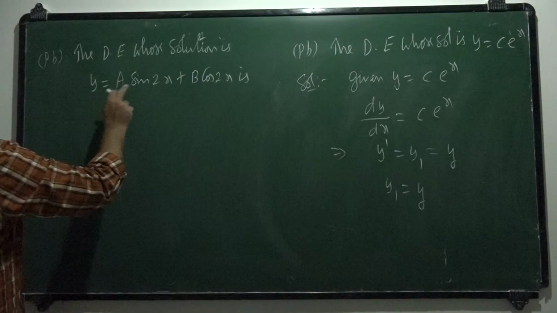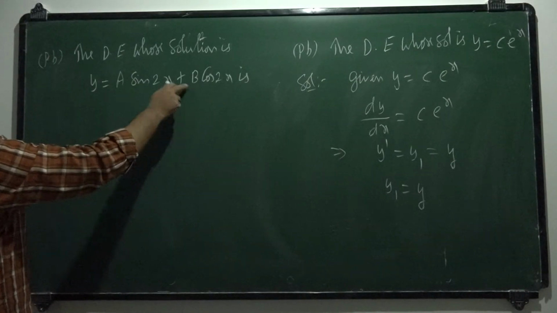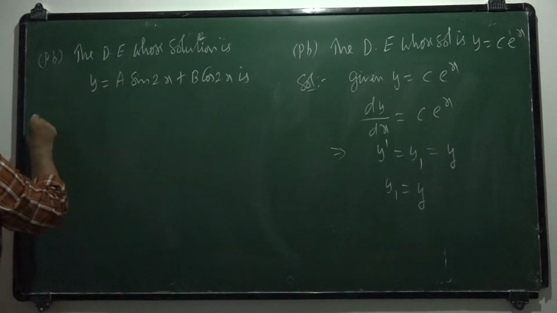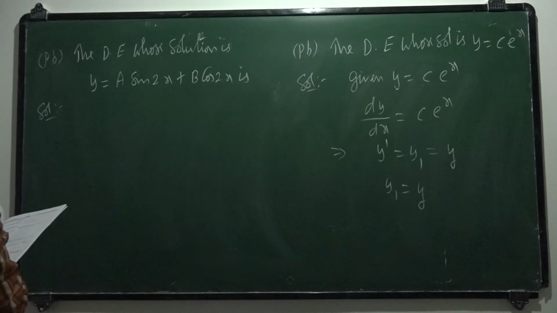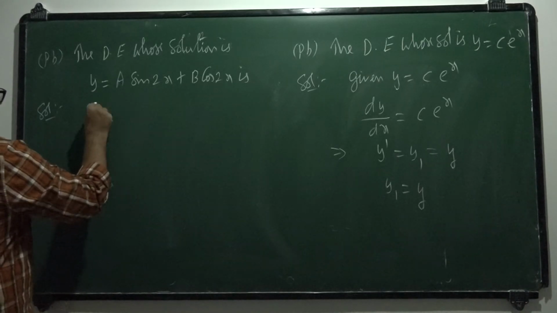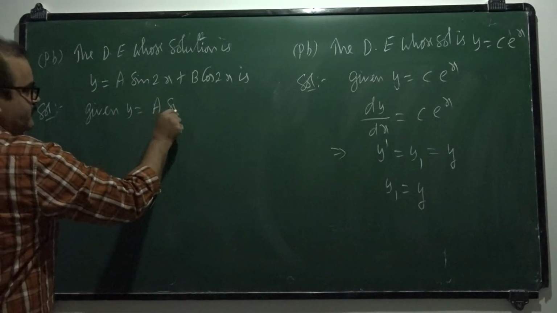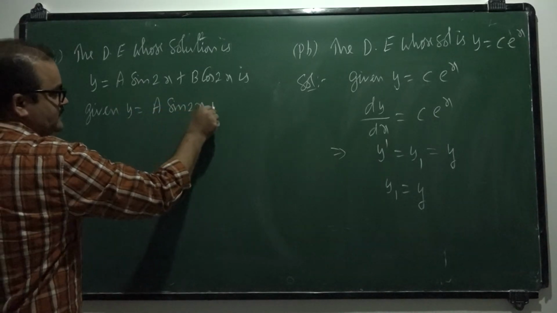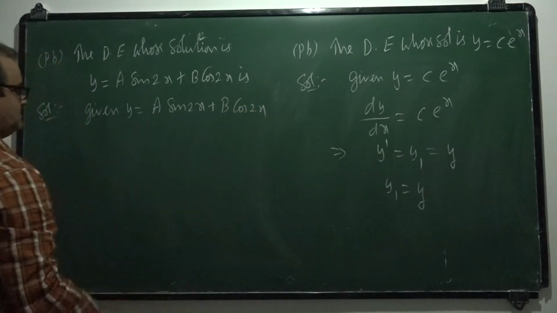See, this solution contains how many number of constants? 2. What are those? A and b. Okay, what is the given equation? Y is equal to a into sin 2x plus b into cos 2x.